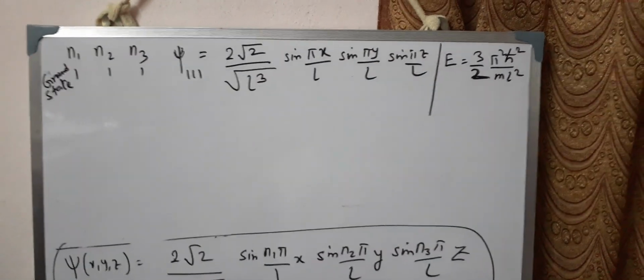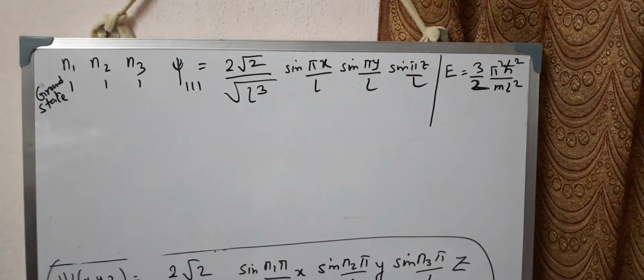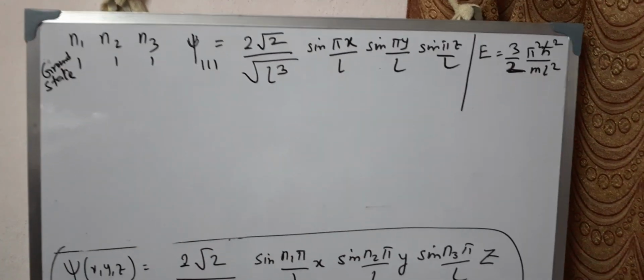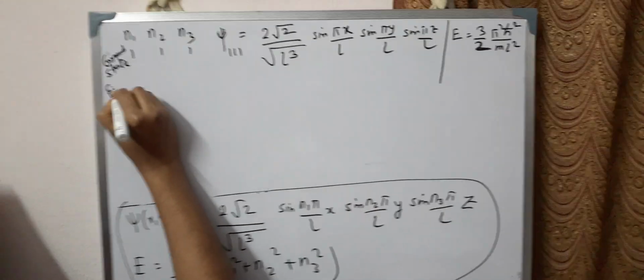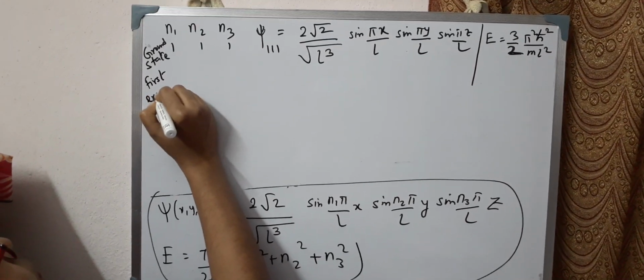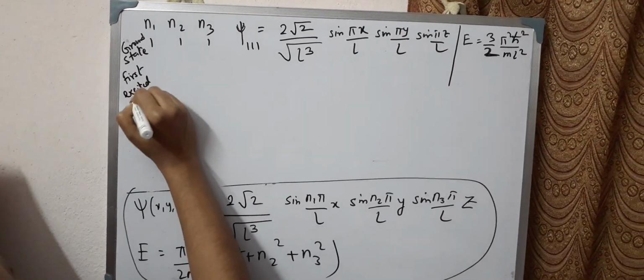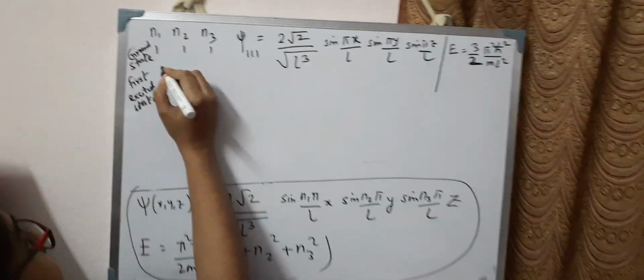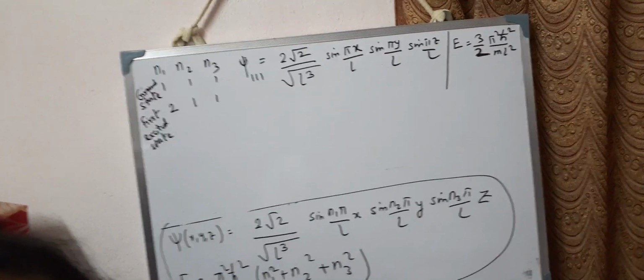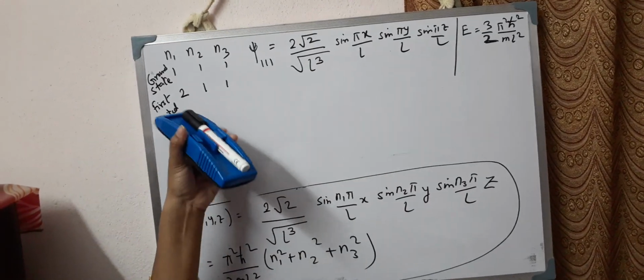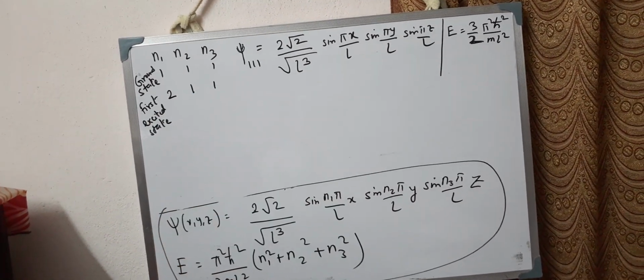Now we go to the next possible combination of N1, N2, N3. That will give us the first excited state. So for the first excited state, I take a combination 2, 1, 1.